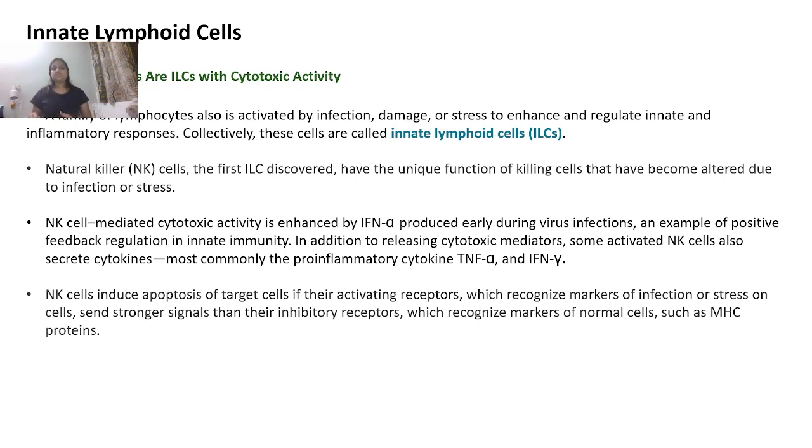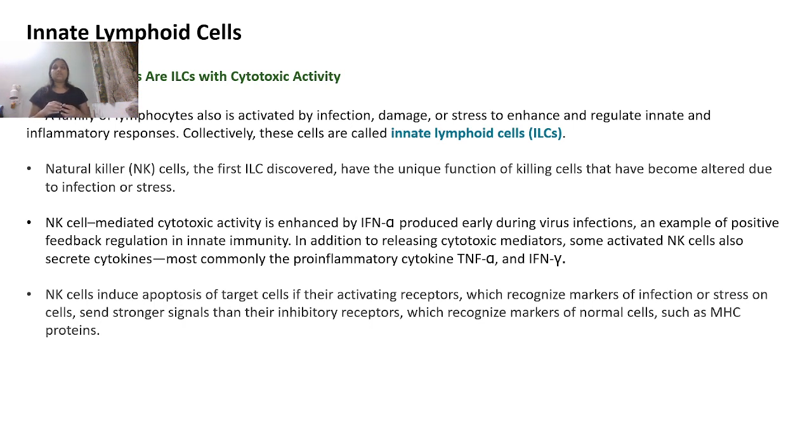There are two types of receptors present: one is the activating receptor and one is the inhibitory receptor. The activating receptor will activate the signaling process in that cell, and the inhibitory receptor will inhibit the signal. So why are two types of receptors present?